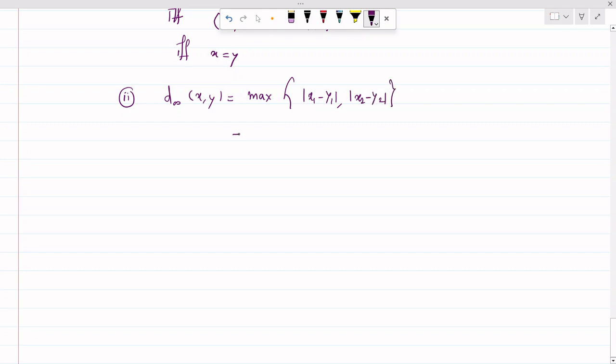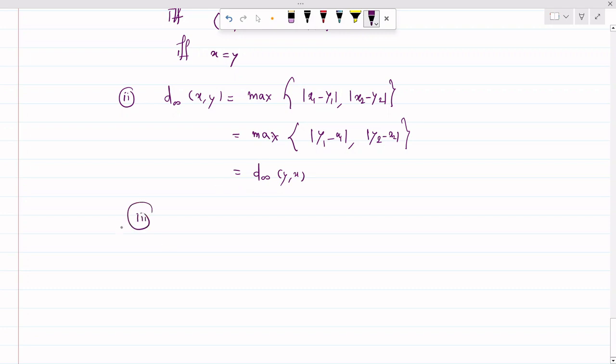So that is actually equal to the maximum of, because mod of x1 minus y1 is the same as mod of y1 minus x1, mod of x2 minus y2 is the same as mod of y2 minus x2. So this is quite simple to understand. This is now nothing but d infinity of y comma x. So that establishes the second property of metric.